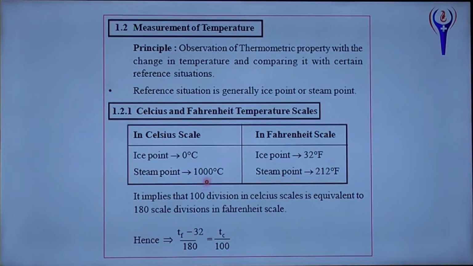And for steam, 100 degrees Celsius is the steam point or boiling point. In the Fahrenheit scale, the ice point will be 32 degree Fahrenheit, and the steam point will be 212 degree Fahrenheit.